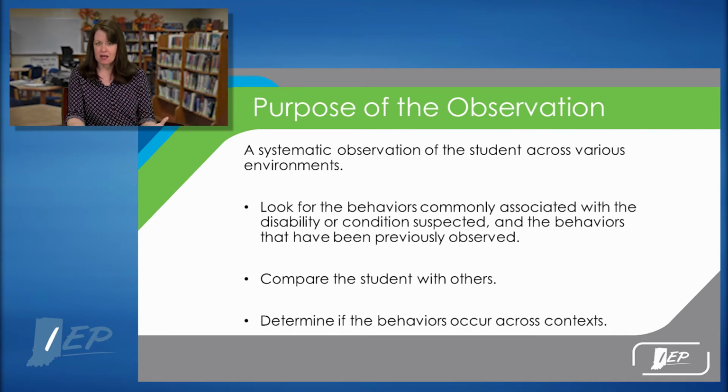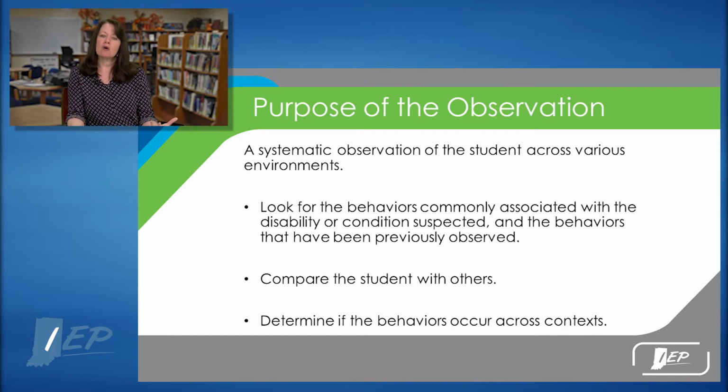Does this stand out? As I do a systematic observation, I'm usually having a comparison student as well in order to make sense of the data. It's important to know that if I say a student is on task 50% of the time, is that good or bad?